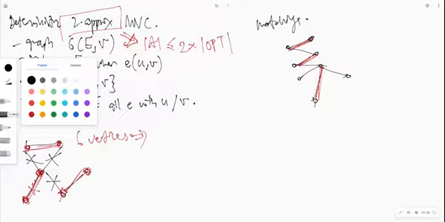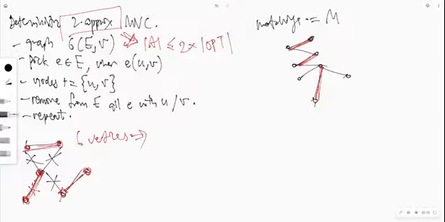So what we can see is that the number of edges that's covered in the matching M is going to be less than or equal to the size of E, right?